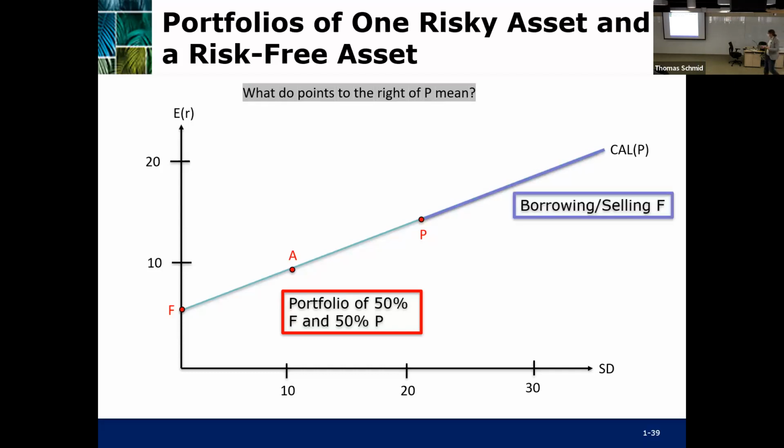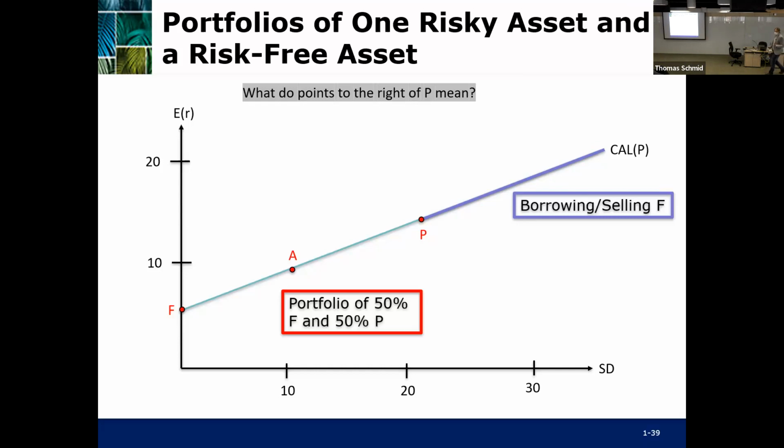So these points on this bluish, darker bluish line here, they represent situations in which you invest, for example, 120% of your wealth in P. And this is possible because you can invest 100% in P and then you borrow another 20% and you also invest that in P. Okay?